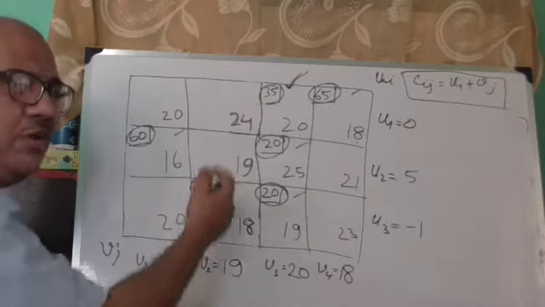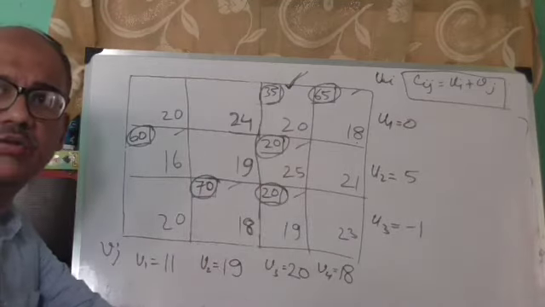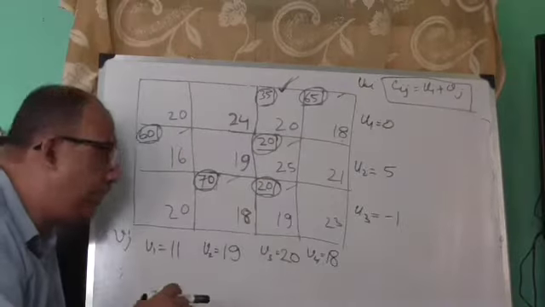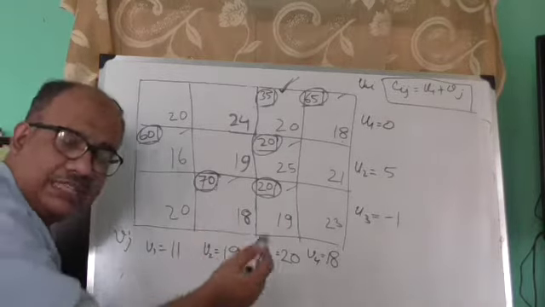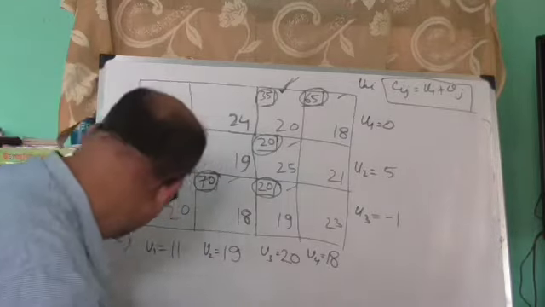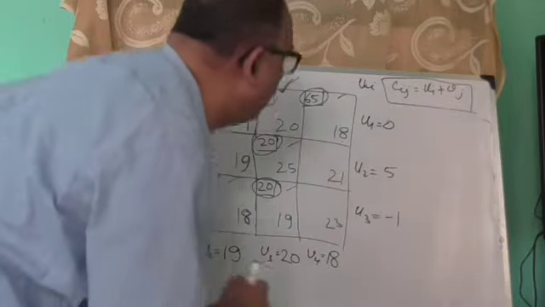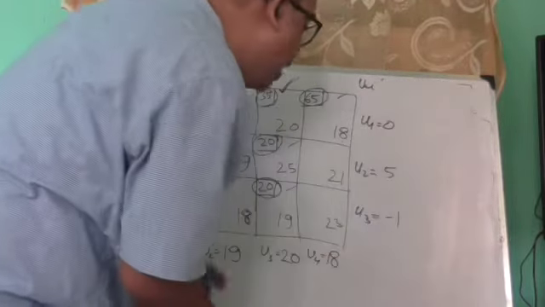So you can choose any one as 0, and similarly you can calculate. After you have found out Ui and Vj for the allocated cells, the next step in the optimality test is to calculate certain other values for non-allocated cells.